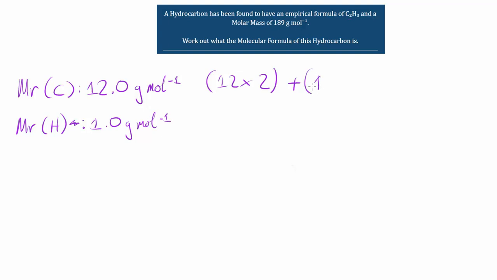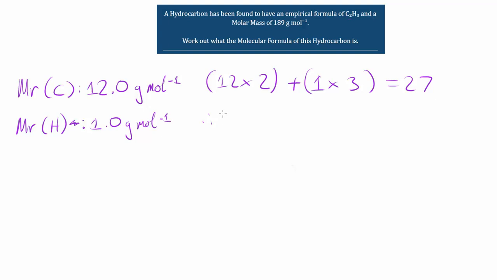So 1 times 3, right? And then we just add that up. Okay, so if you went through adding that up, what you should have come up with is 27, right? So that's equal to 27.